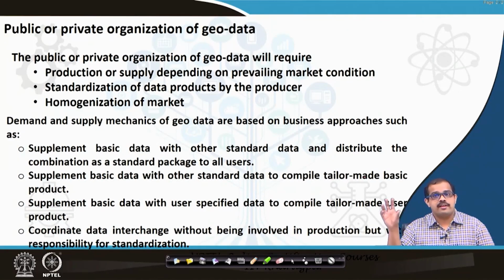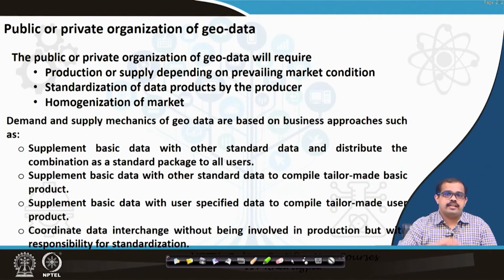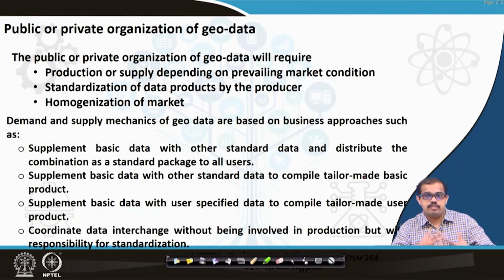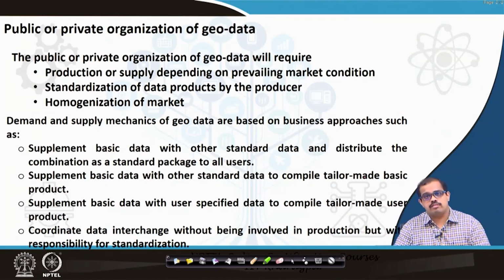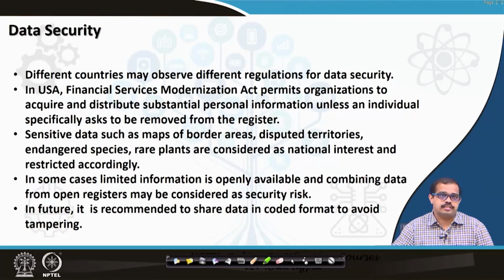This is what the private companies do till now, or any of those companies which are providing data. Supplementing basic data with user specified data to compile a tailor-made user product is what most of the enterprising companies do till now. So, all of these are different business approaches that you can take. Okay. It depends on a particular company and a particular user to choose what kind of data and from which source that particular data is considered.